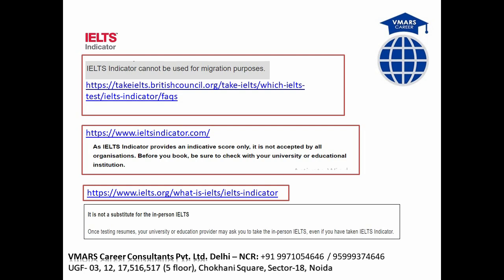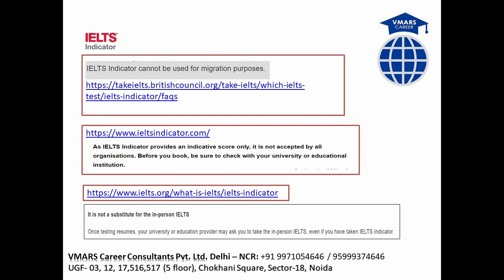The next information, which I got from the IELTS Indicator website, is that as IELTS Indicator provides an indicative score only, it is not accepted by all organizations. Before you book, be sure to check with your university or education institution. This is where you need to do your homework, or if you're applying through a study visa counselor.